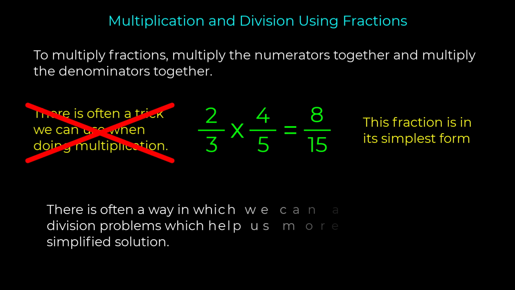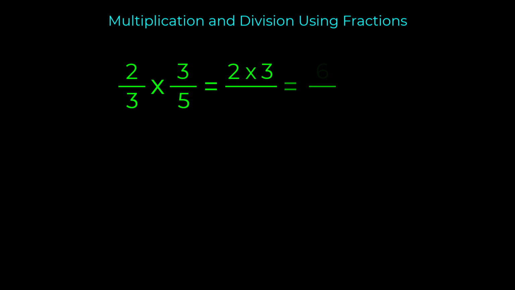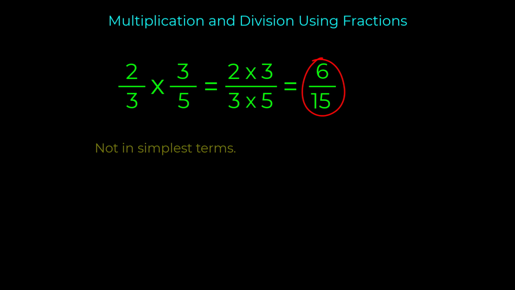Good. Suppose that we have a problem like 2/3 times 3/5. From my previous discussion, we would find the answer by multiplying 2 times 3 equals 6 for the numerator, and then 3 times 5 equals 15 for the denominator. The fraction 6 over 15 is not simplified since both 6 and 15 have a factor of 3.